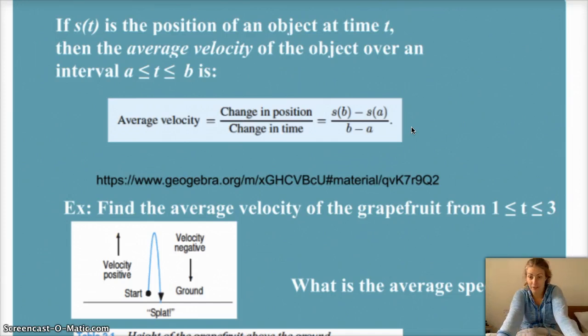The slope of a line is the change in y over the change in x. In this case, S of t is my y, so here's my change in y, and t is my x, so this is my change in time.